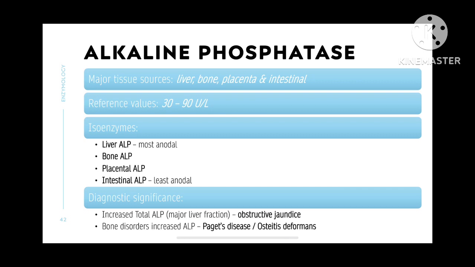The elevations of ALP are of most diagnostic significance in the evaluation of hepatobiliary and bone disorders. In hepatobiliary disorders, elevations are more predominant in obstructive conditions than in hepatocellular disorders.